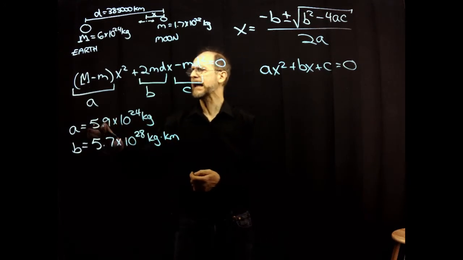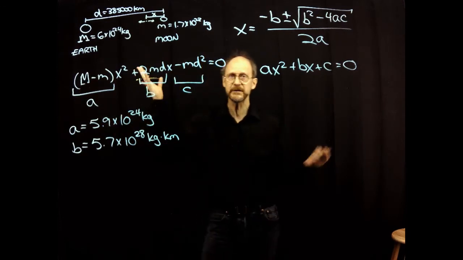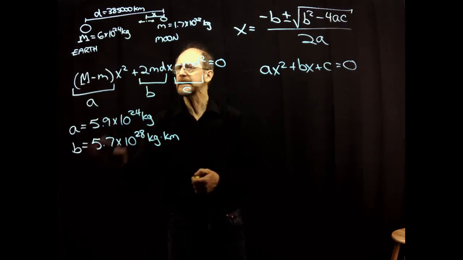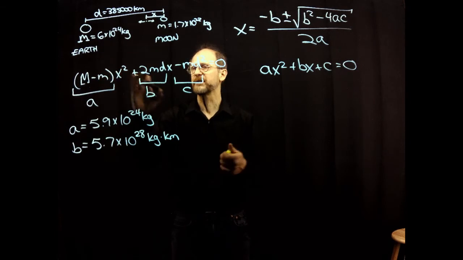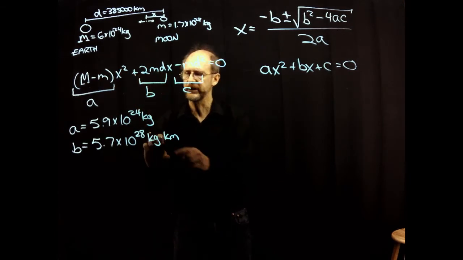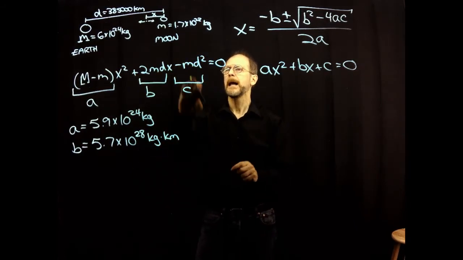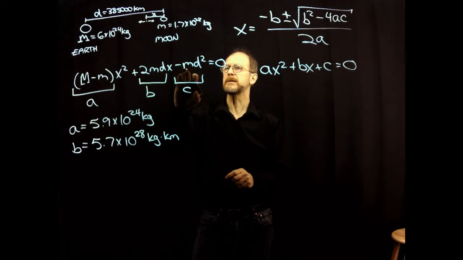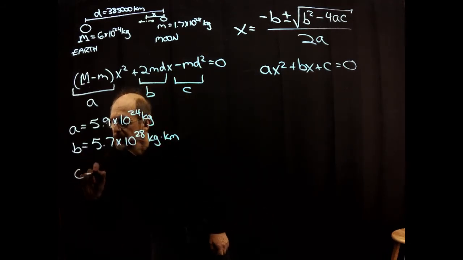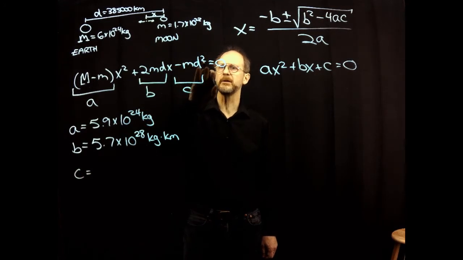So A is the mass of the Earth minus the mass of the moon, so it's going to have units of kilograms. And B is 2, which doesn't have units, times the mass of the moon times the distance, so the units are going to be kilograms times kilometers. For C, the units are going to be units of mass, kilograms, times the unit of distance squared.